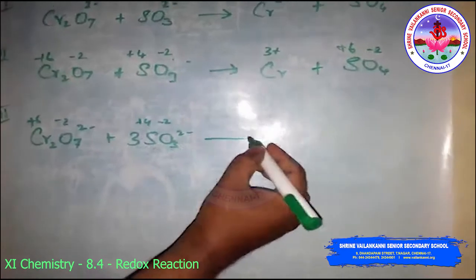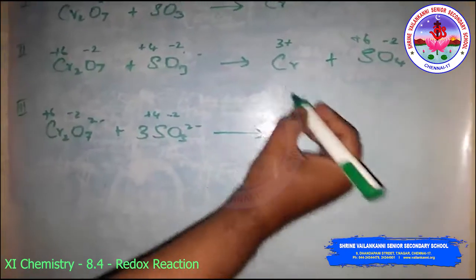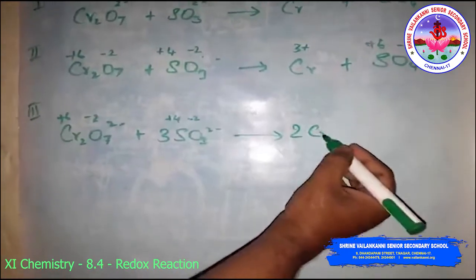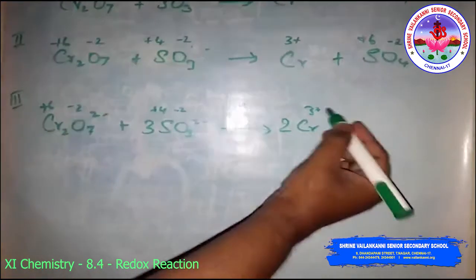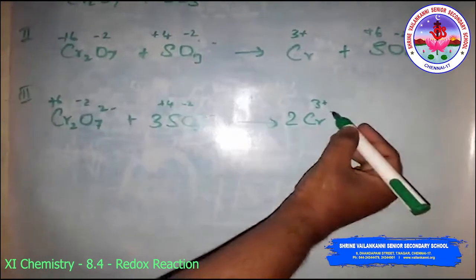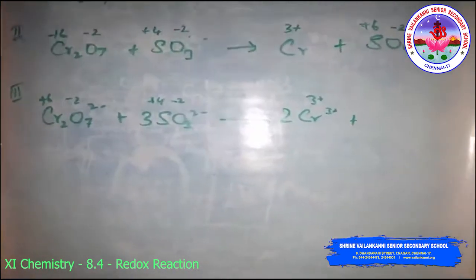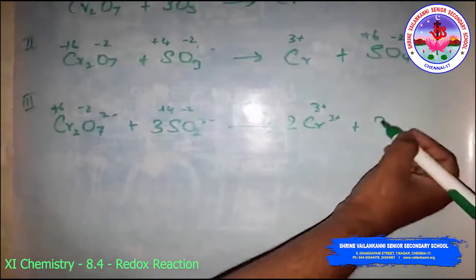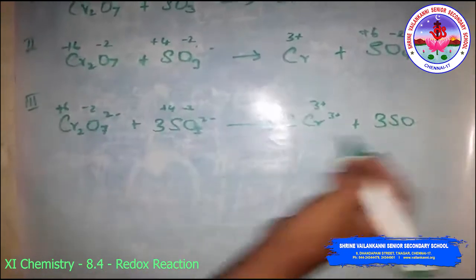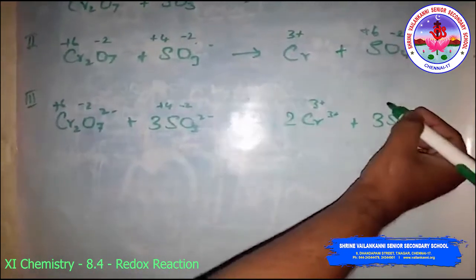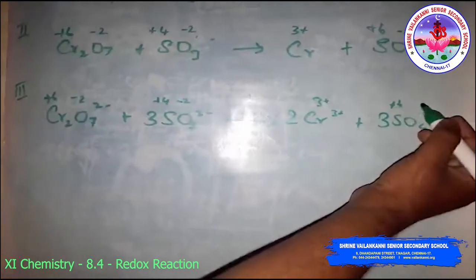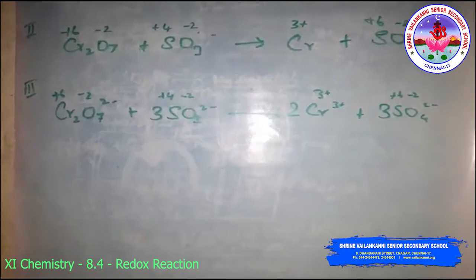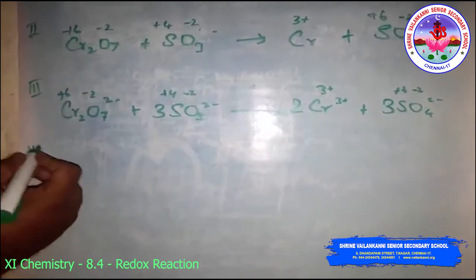Since there are 2 chromium atoms on the left, add 2 Cr3+ on the right, and 3 SO4 2- on the right, with sulfur plus 6 and oxygen minus 2.